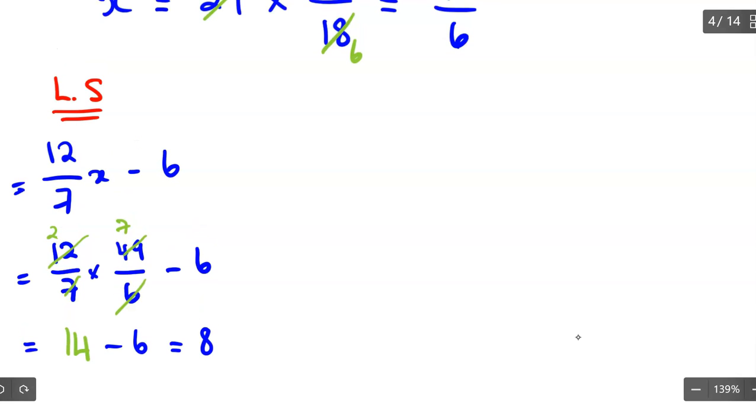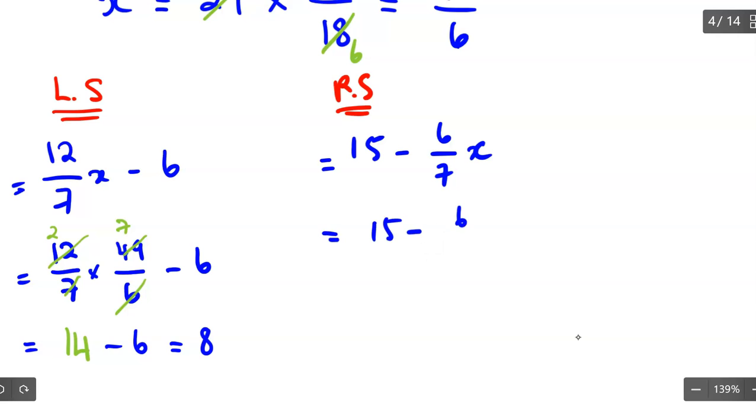Now the right-hand side. The right-hand side is equal to 15 minus 6 over 7 times x. So I have 15 subtract 6 over 7, and I multiply that with 49 over 6.